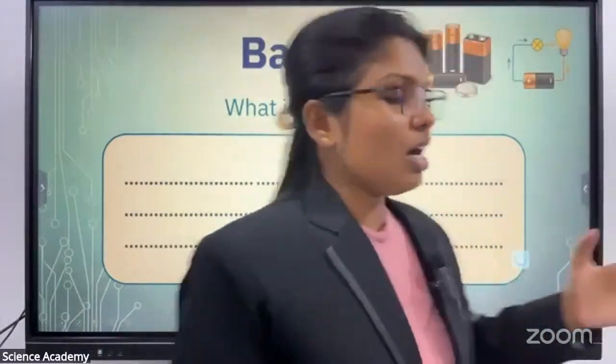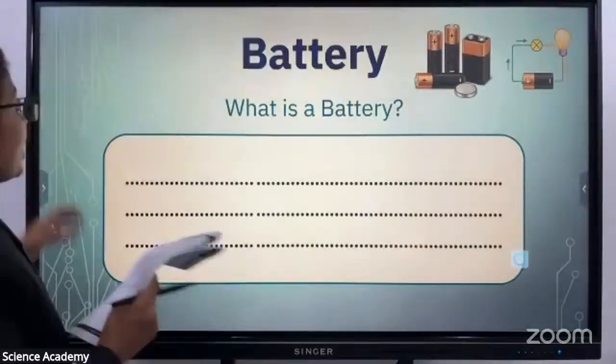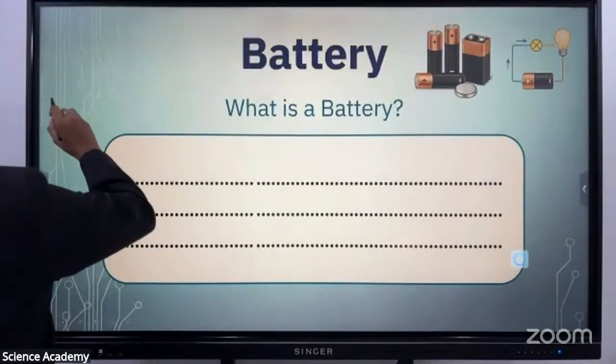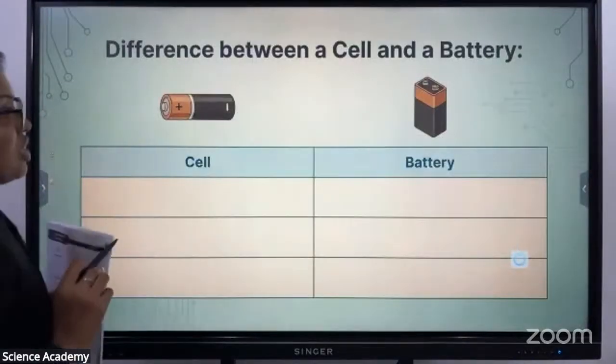I told you that a battery is a source of electricity which can obtain more electricity than a single cell. Previous week we observed how we can form a battery using simple cells. We discussed an experiment also. So now we are going to write down the differences between batteries and cells.